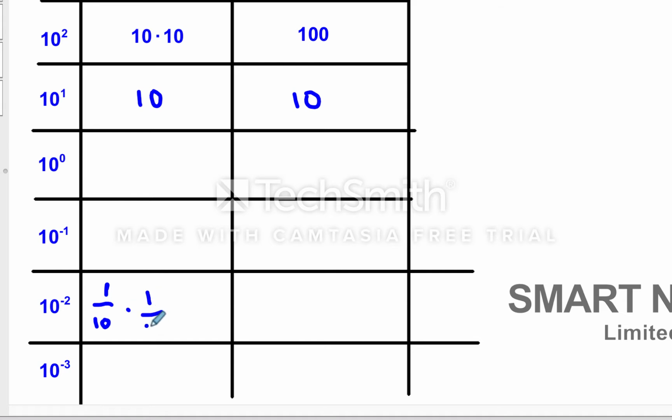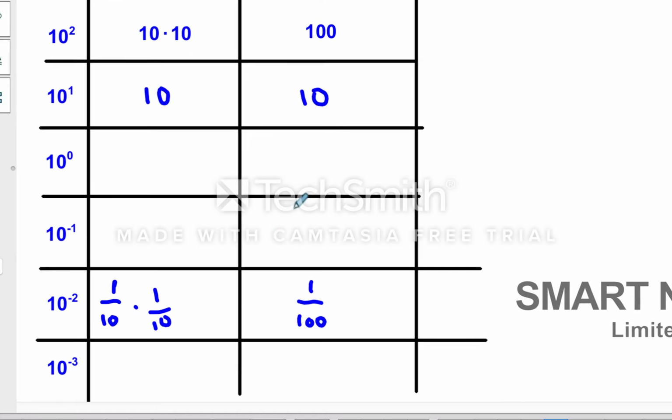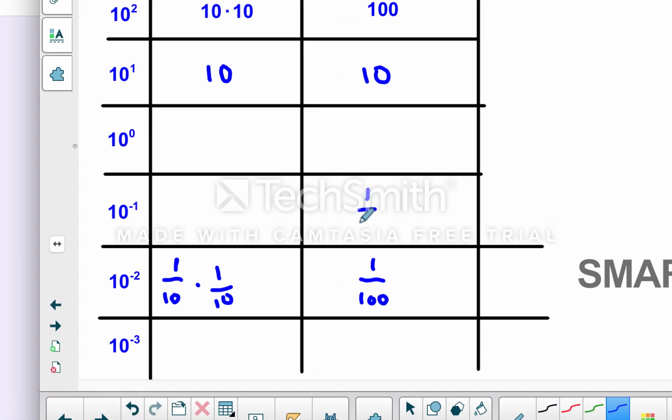So you've got two bases of 1/10, and the reason that these are fractions is because the exponent is negative. So in standard form, 1 times 1 is 1, and then 10 times 10 on the bottom, your denominator, will be 1/100th.